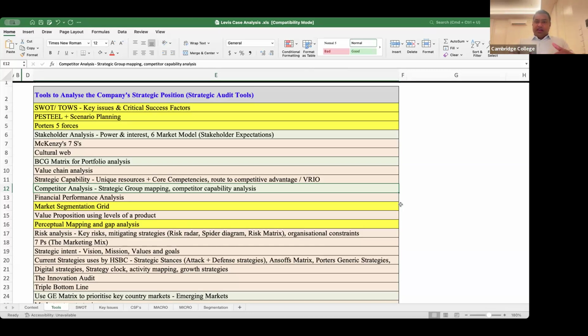As soon as we get it, by then we would have covered all the theories, and then we start analyzing the case study. That's how it works for Global Marketing Decisions. The areas in yellow we've done already in terms of theory.